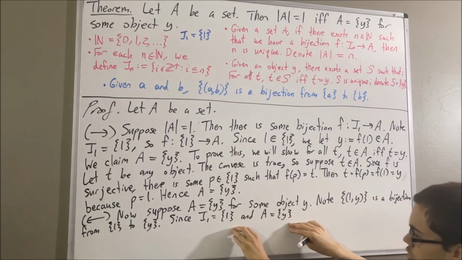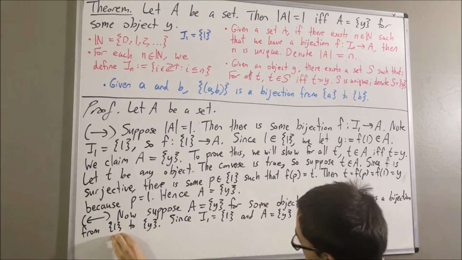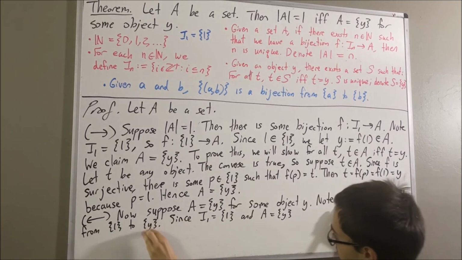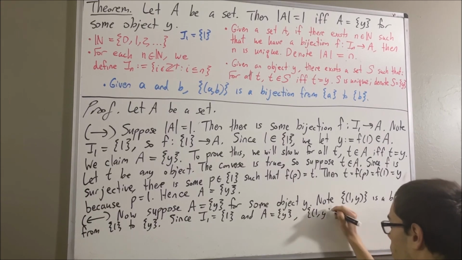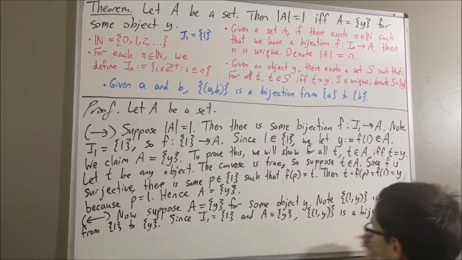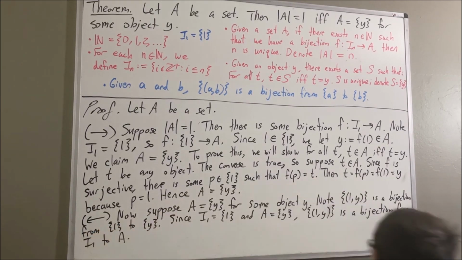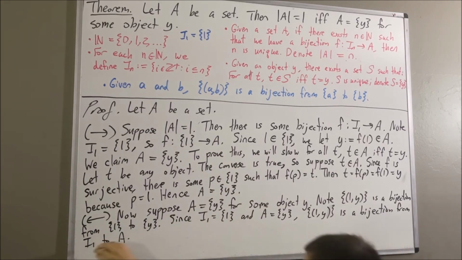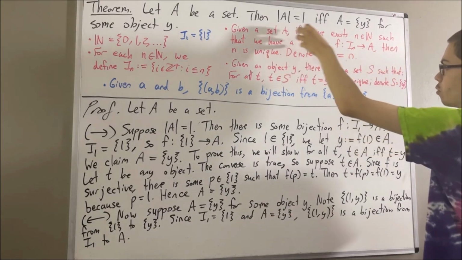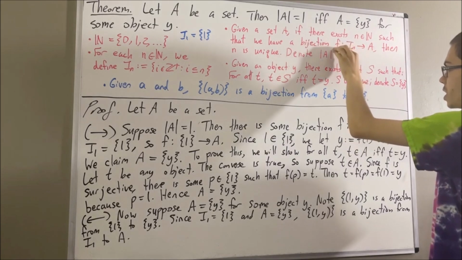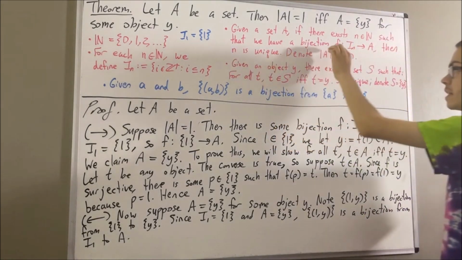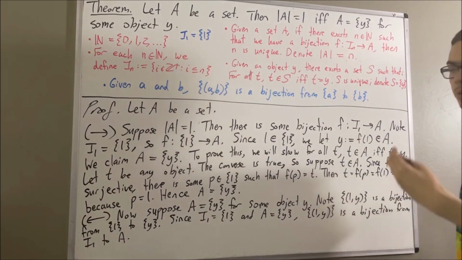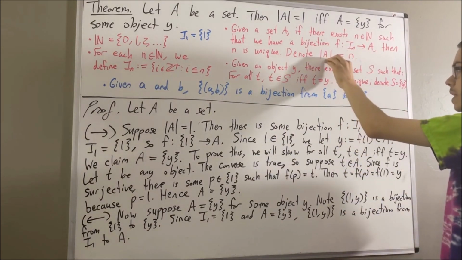Since these two facts are true, we can replace the singleton set of 1 with I1 and the singleton set of y with A. So we have a bijection from I1 to A, which means by what we have here, well, 1 uniquely satisfies this condition. So it's another way of saying that the number of elements in A is equal to 1.